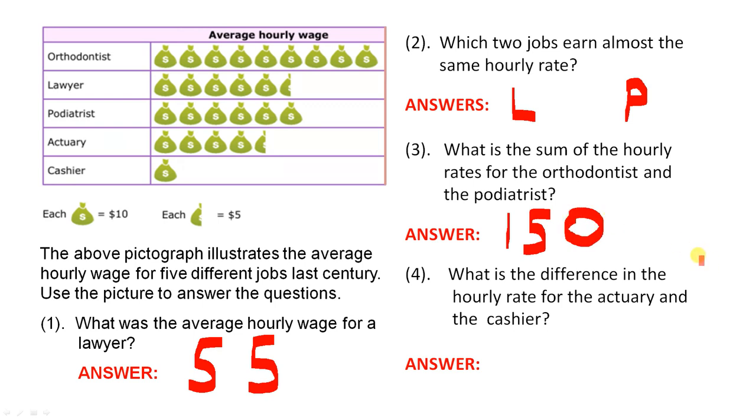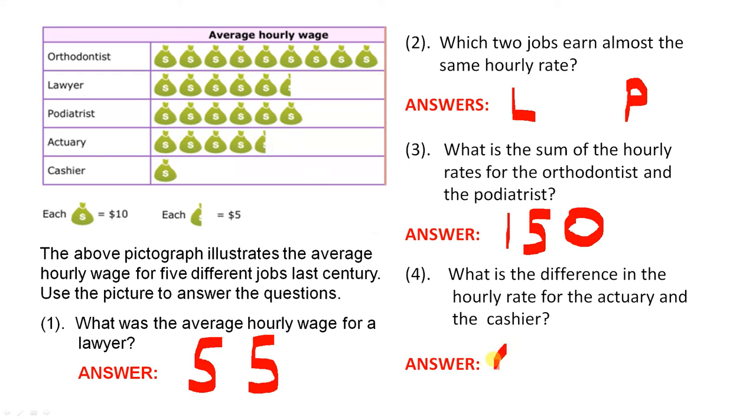What is the difference in the hourly rate for the actuary and the cashier? Now you know what difference means. Think about what symbol you use for difference. Okay, here we go. Now the actuary, 10, 20, 30, 40, 45.